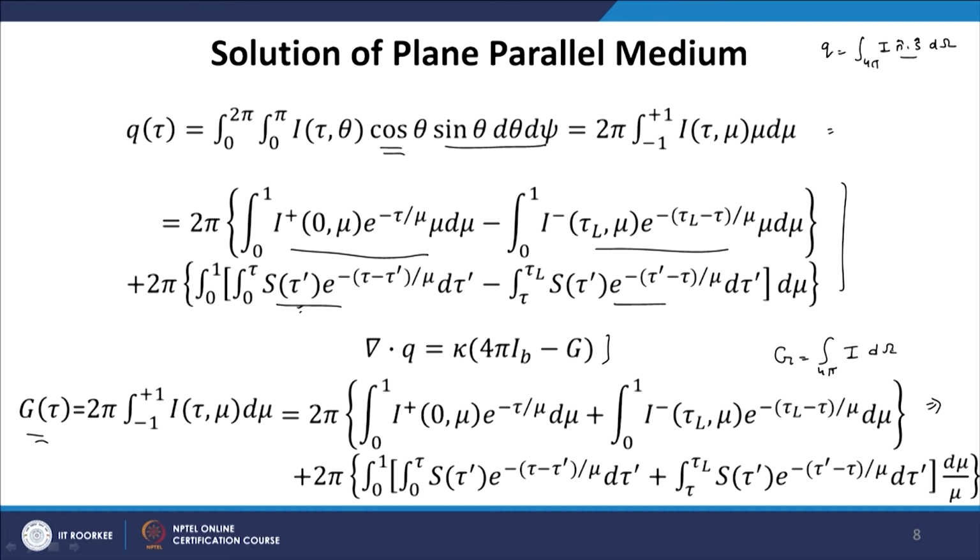So, this is the expression for the incident radiation, that is intensity integrated over all solid angles, and we get the same or similar result, except we have a μ in the denominator here, and instead of a minus sign we have a plus sign here.